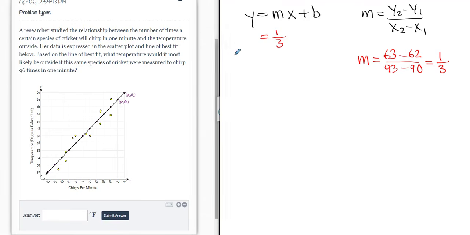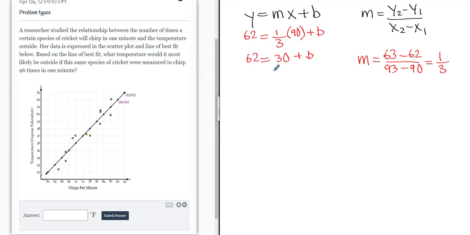So my y value is 62, so I'm going to put 62 is equal to 1/3, then my x value will be 90, plus b. I multiply 1/3 times 90, or simply 1 times 90 is 90, and then 90 divided by 3 would give us 30. Let's bring down that 62.